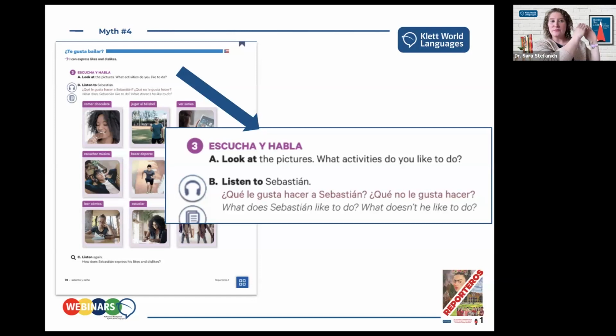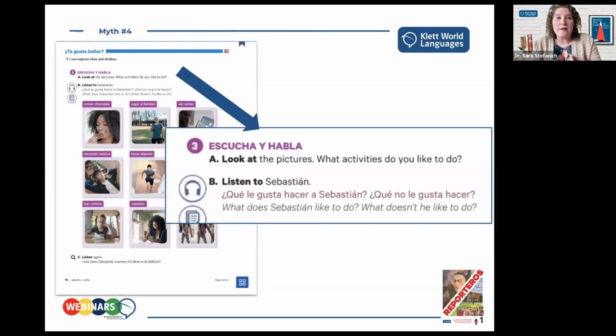And it would say, le gusta with a smiley face or thumbs up, and no le gusta with a frowny face and thumbs down. And students would just be inputting these activities that you see here in those two categories. So students are actually being asked to process the concept of like and dislike, and then use these activities and are providing vocabulary expressions.